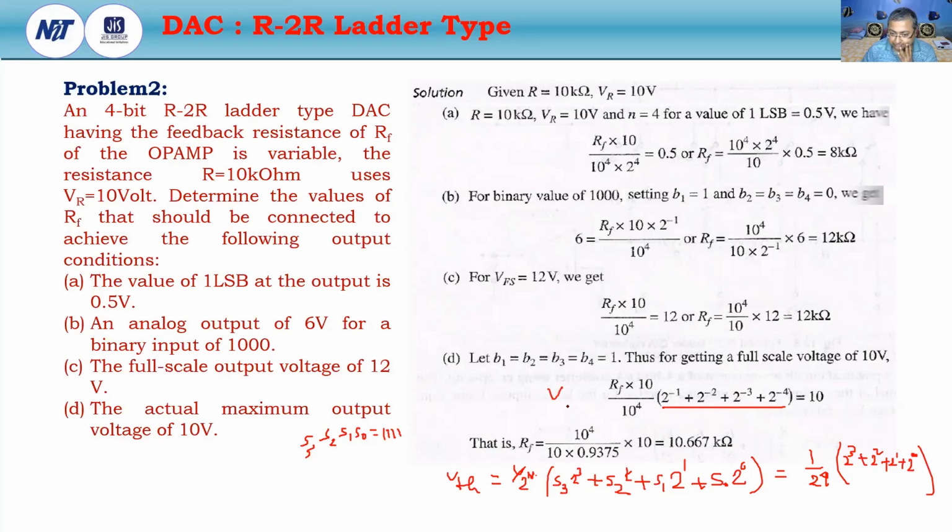So V0 is equal to Rf by R into this, into VR. This is the VTH. Put the value of VR here, 10 volt into Rf by R, then VTH is equal to 10 volt. Then you will calculate the Rf.